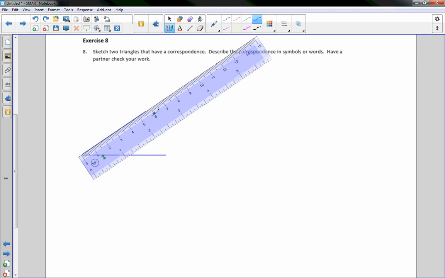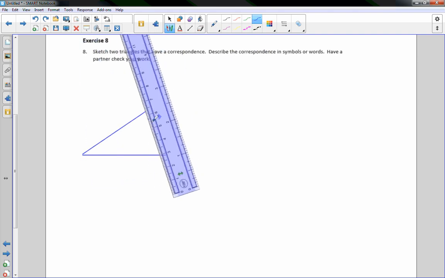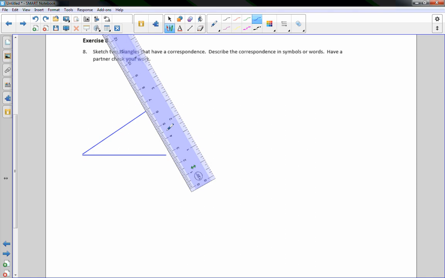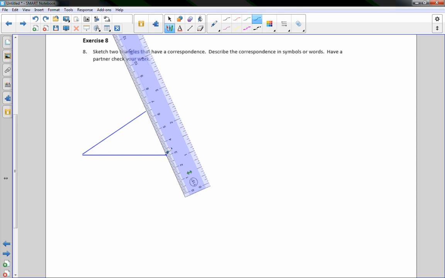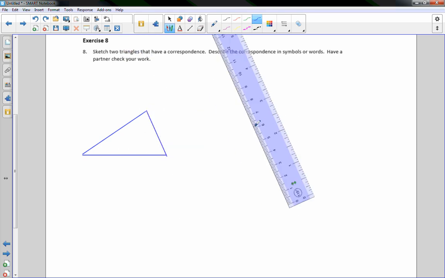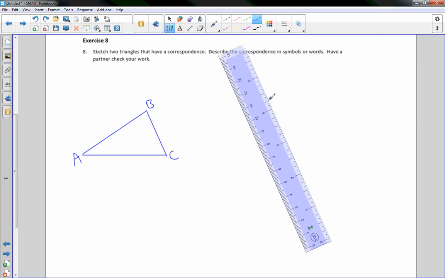Again, it didn't say anything about these 2 triangles having to be congruent. So there's a triangle. I'm going to call it triangle ABC. Okay, and then I'm going to draw another triangle over here.